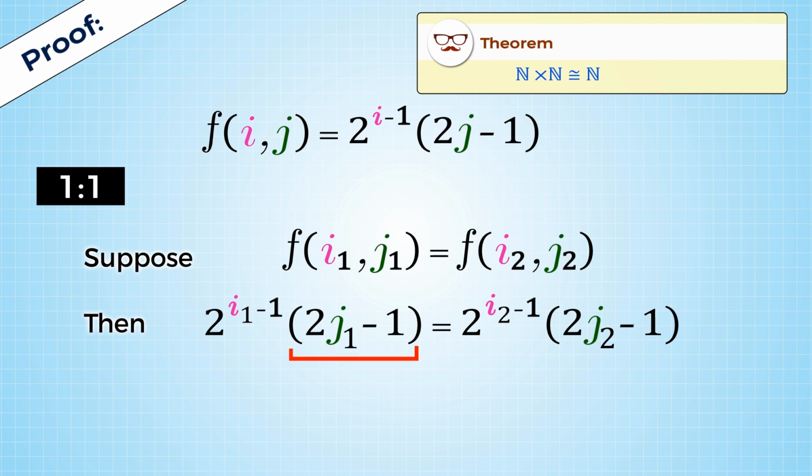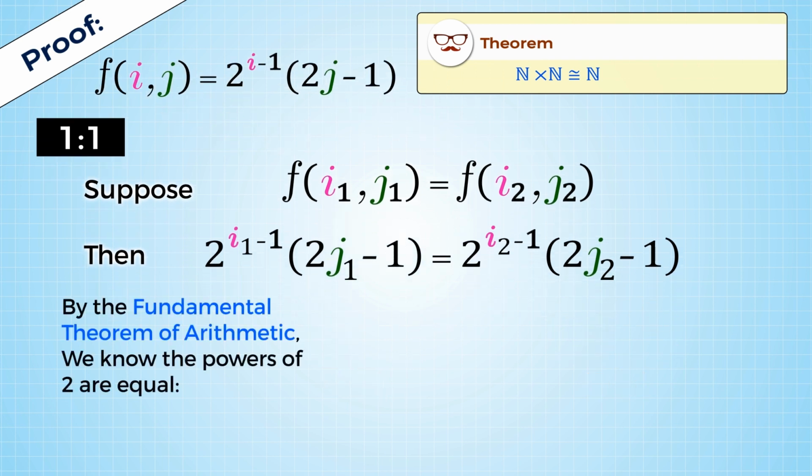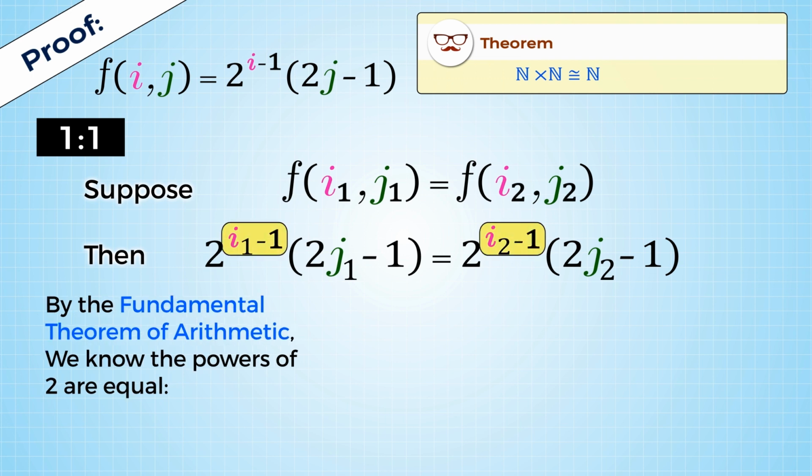Notice that 2j1-1 and 2j2-1 are odd numbers, and thus contain no power of 2. By the fundamental theorem of arithmetic, we know the powers of 2 are equal.